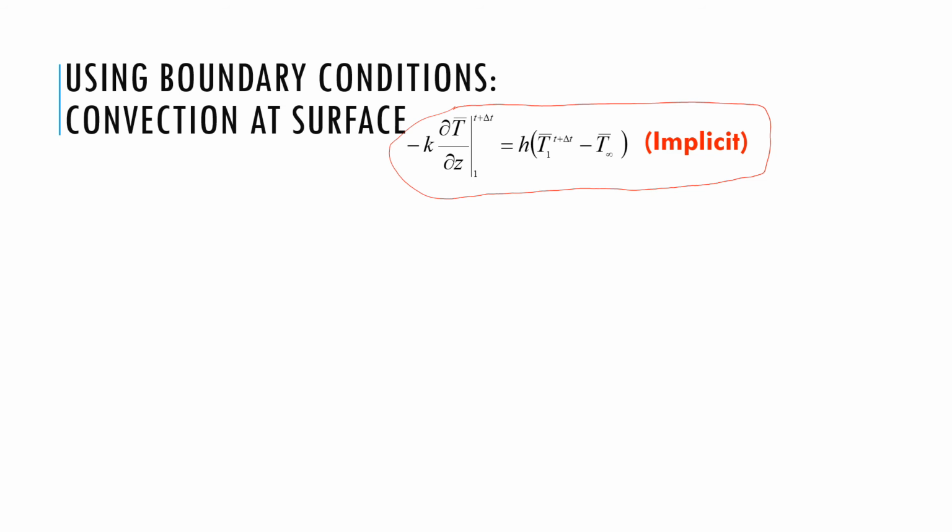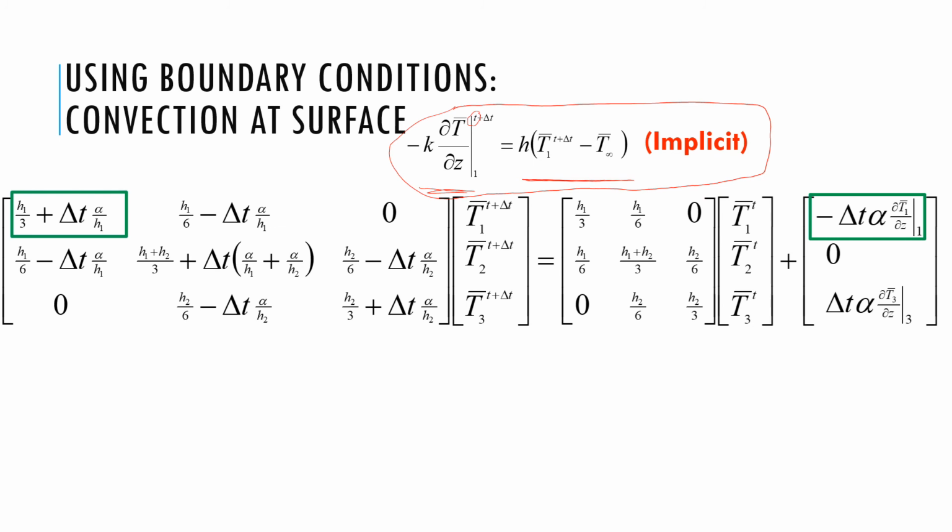We don't have to get into the details now, but we could choose T or T plus delta T. We choose T plus delta T, but the rest of the equation is very familiar to you: minus K del T del Z is equal to H times T minus T infinity. So from here I'm going to just replace.